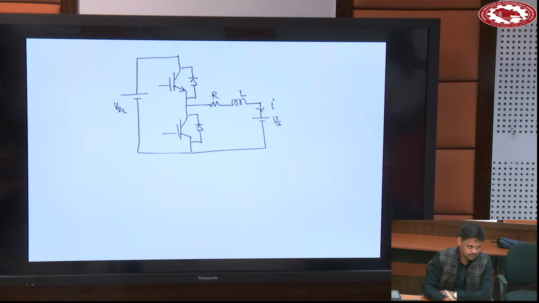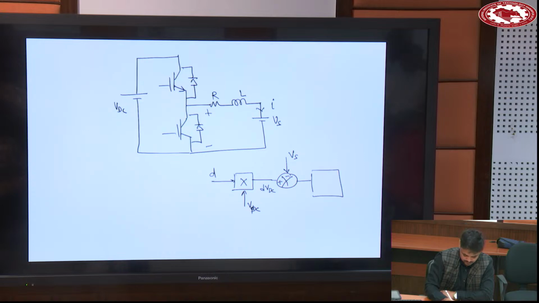What is the structure? The control model was shown in the morning. Input is D, which is multiplied by VDC, so here it will be dVDC, then minus Vs, and this is what the current is.